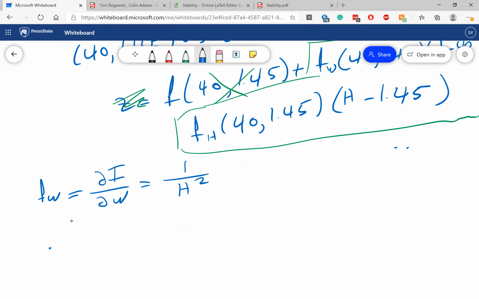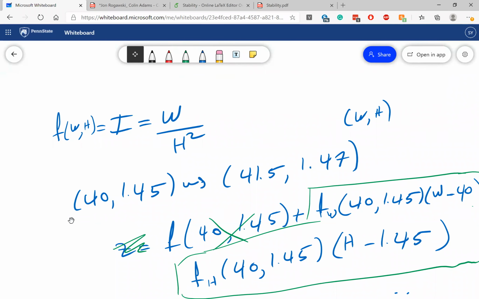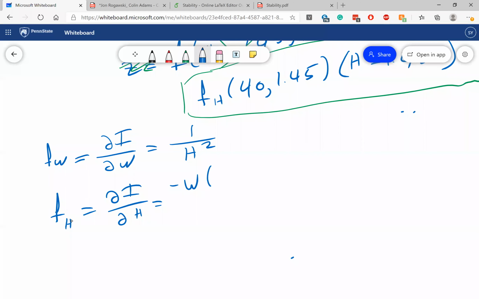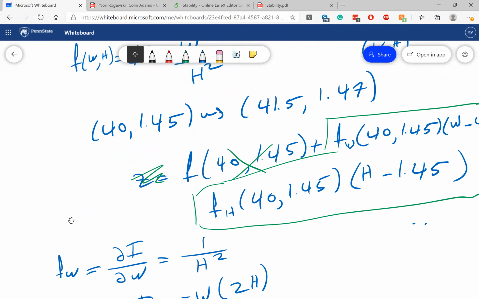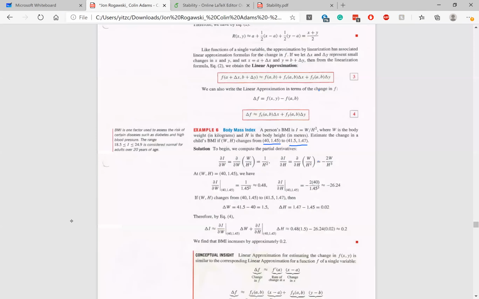So now the partial of I with respect to H is going to be, we take this times the derivative of that, which is nothing, and W times the derivative of this, which would be minus W times 2H, and then H to the fourth, which would give us negative 2W over H cubed.